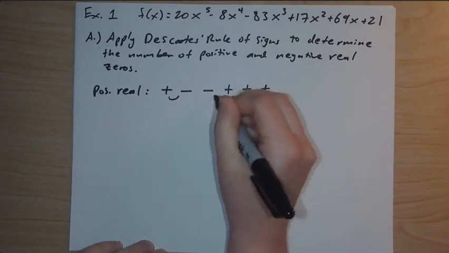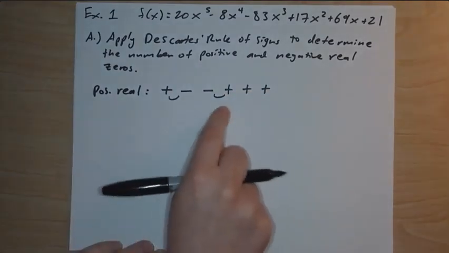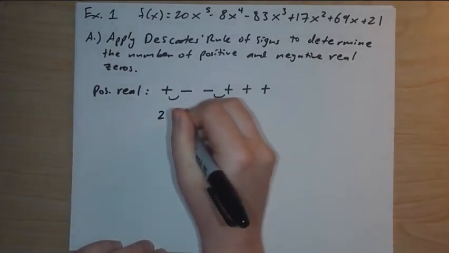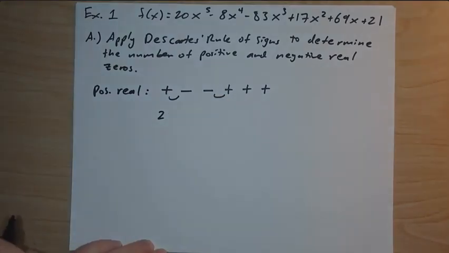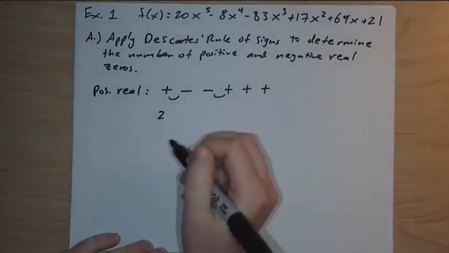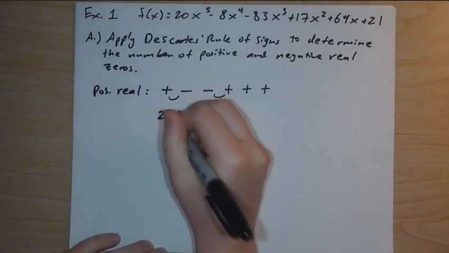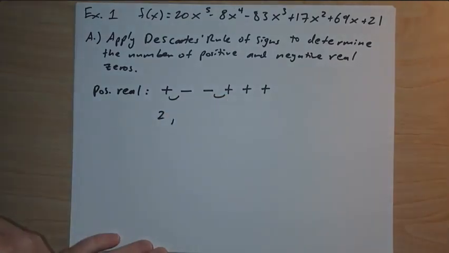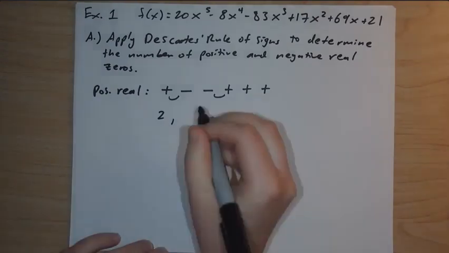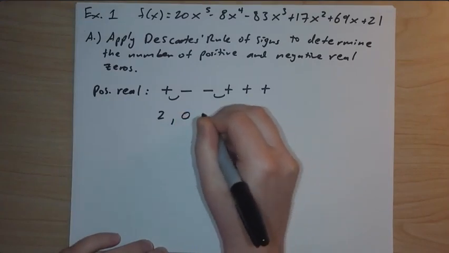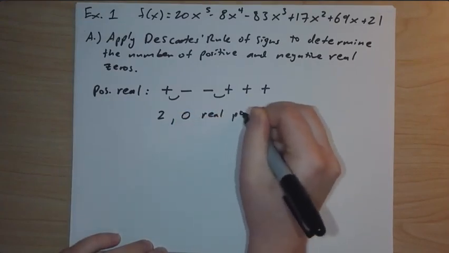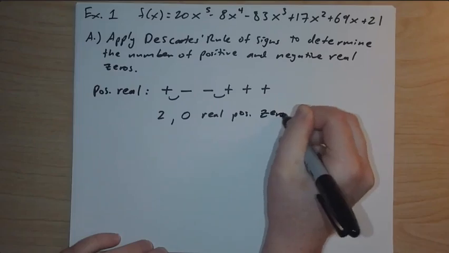Here's another change of sign from negative to positive. And so we have two changes, and what that means is that we have either two real zeros or 2 minus an even integer. So 2 minus 2, for example, would be 0. So we either have 2 or 0 real positive zeros.